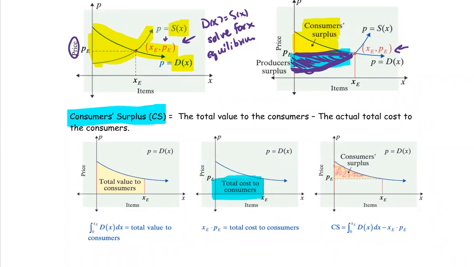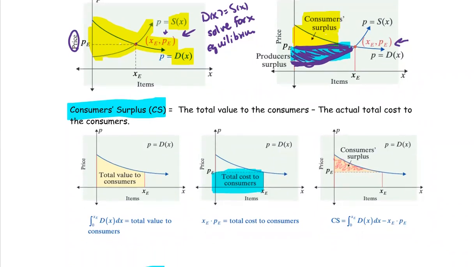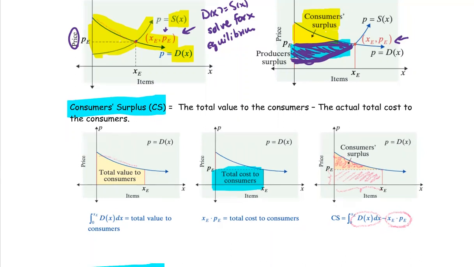So the setup is the demand, which is the top curve here, subtracted by the product of the equilibrium point and the price, which means the rectangular area here. This is the length, this is the width, that's the area of the rectangle, the total cost that the consumer actually pays.